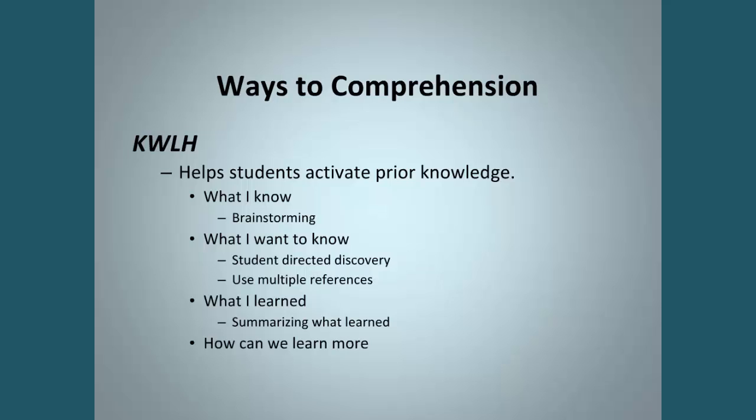And then after you have the learning experience, or you read and gather information, you talk about what you did learn, and you summarize what you learned, and you check to see if you learned all that you wanted to know, and then you talk about how can you learn more, where could you go to find more information.